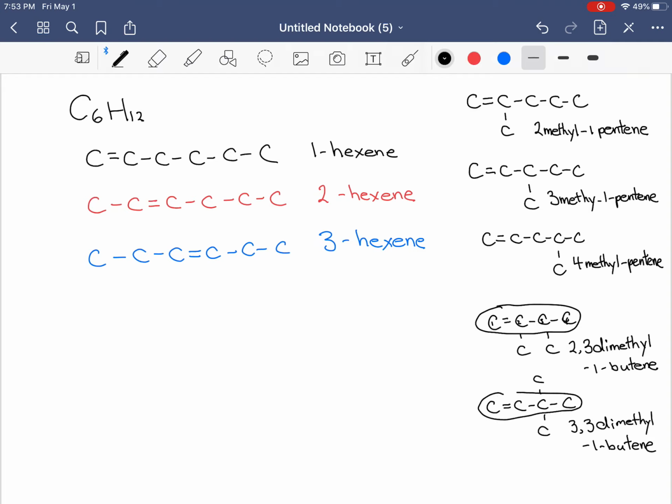Okay, if you don't know where the 3,3 came from, this is where it came from. Carbon number 3 has 2 methyl groups. It's pretty cool if you think about it. It's actually pretty neat.